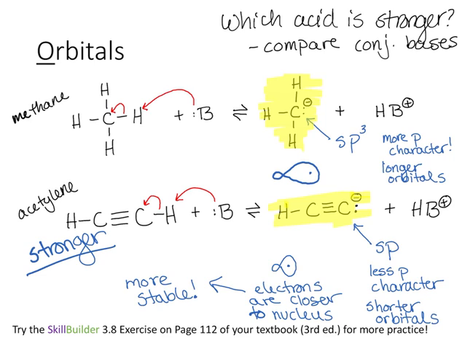And if we look up the acidity of methane and acetylene, they're really not that acidic. They're pretty weak. So again, this is the least important factor in ARIO. But if you want more examples, I recommend trying Skill Builder 3.8 on page 112.